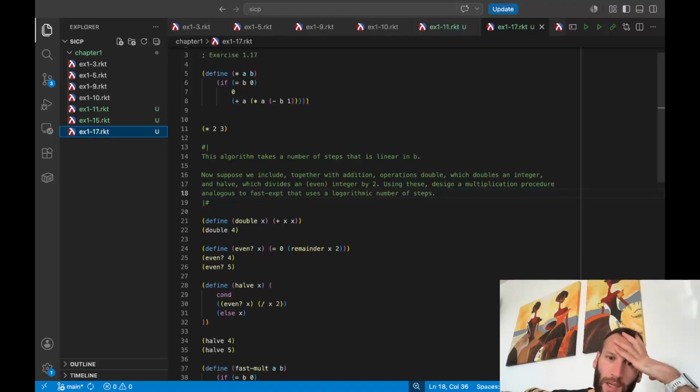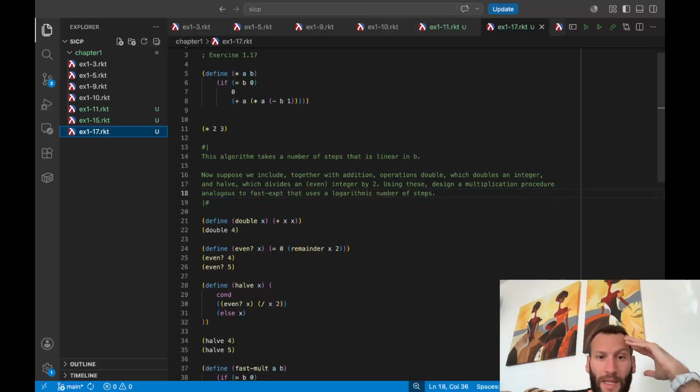The following multiplication procedure, in which it is assumed that our language can only add and not multiply, is analogous to the exp procedure that we have seen before.